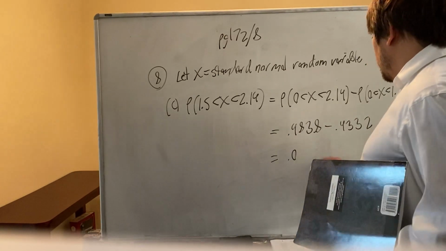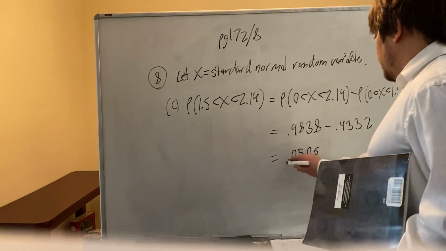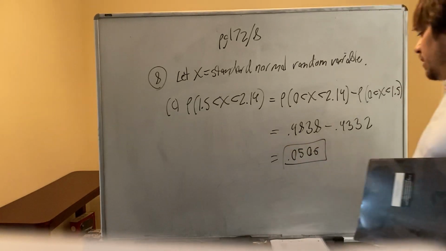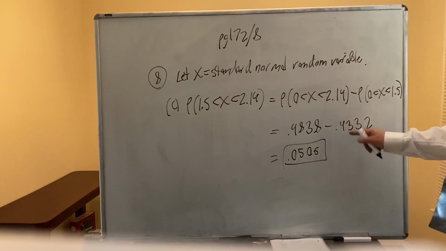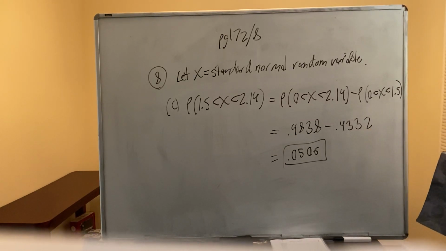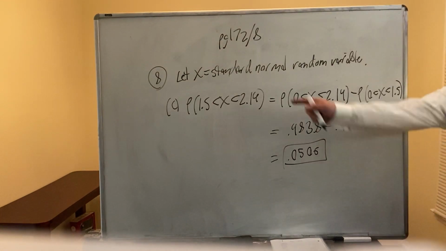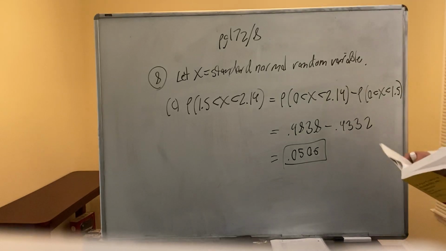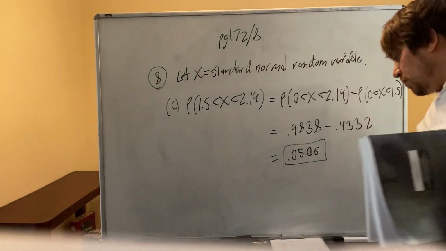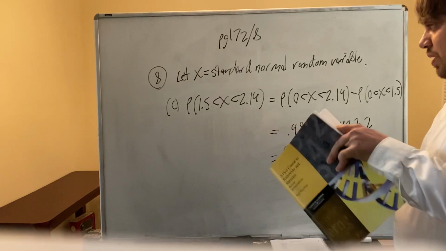So 0.4838 minus 0.4332 is 0.0506, and that's the probability X is between 1.5 and 2.14. So that's part C.